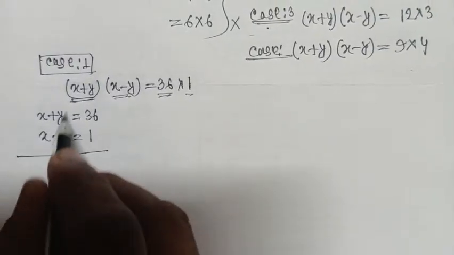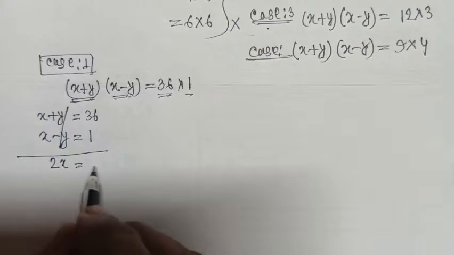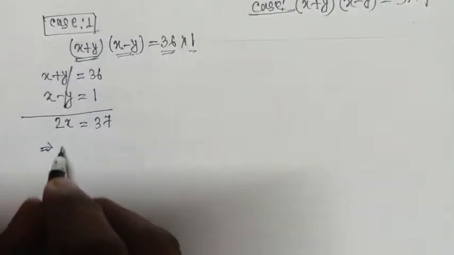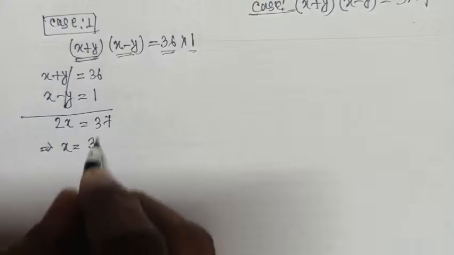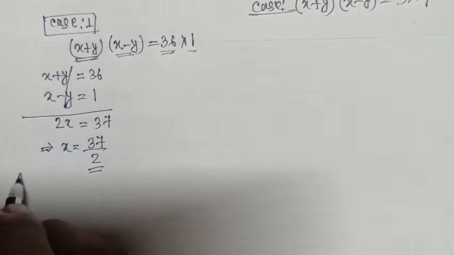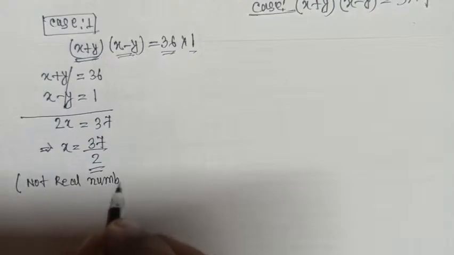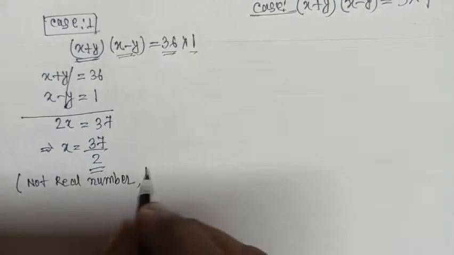Now if we add, y will cancel out. We get 2x is equal to 37, then x is equal to 37 by 2. So this is a fractional number, not a real number, so it is rejected.